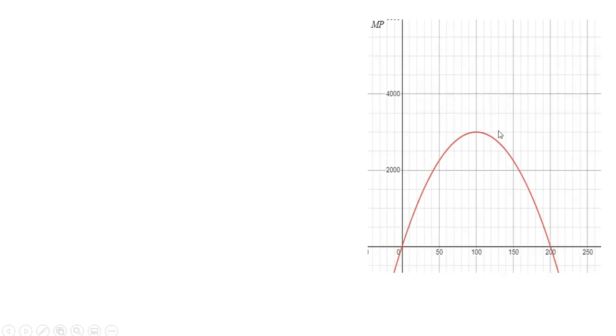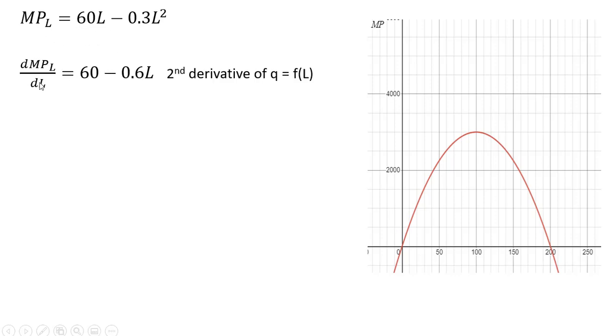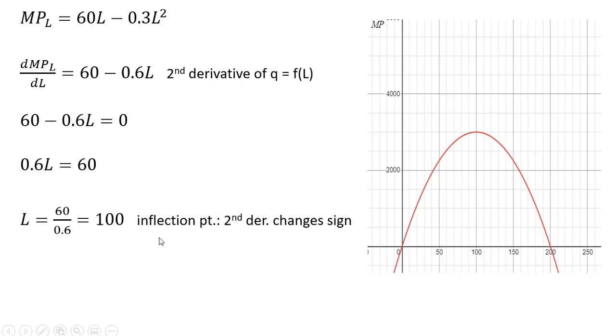So once again, taking our marginal product that we derived, now we're going to take the derivative of it. So this is the second derivative of the production function, and we're going to set that equal to 0. This is how we're trying to find where there are increasing marginal returns to labor. So setting this derivative equal to 0 and solving gives L equals 100.